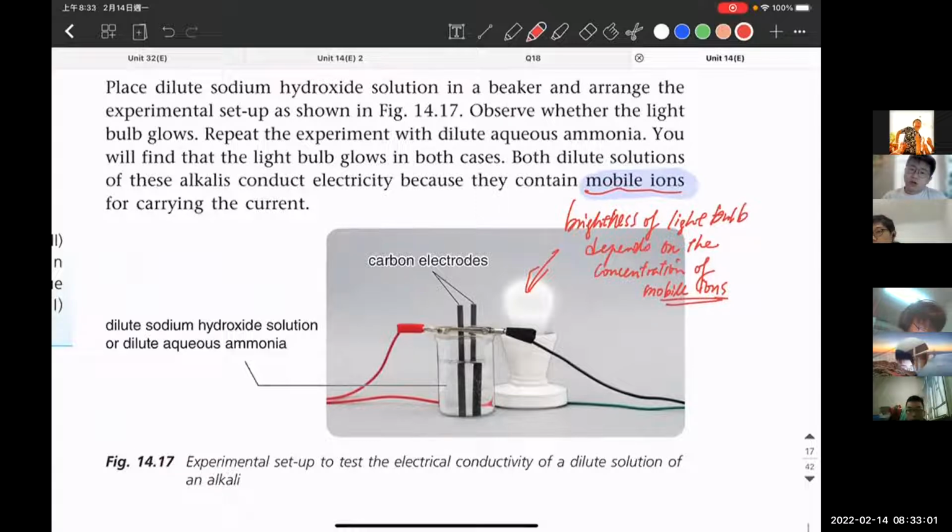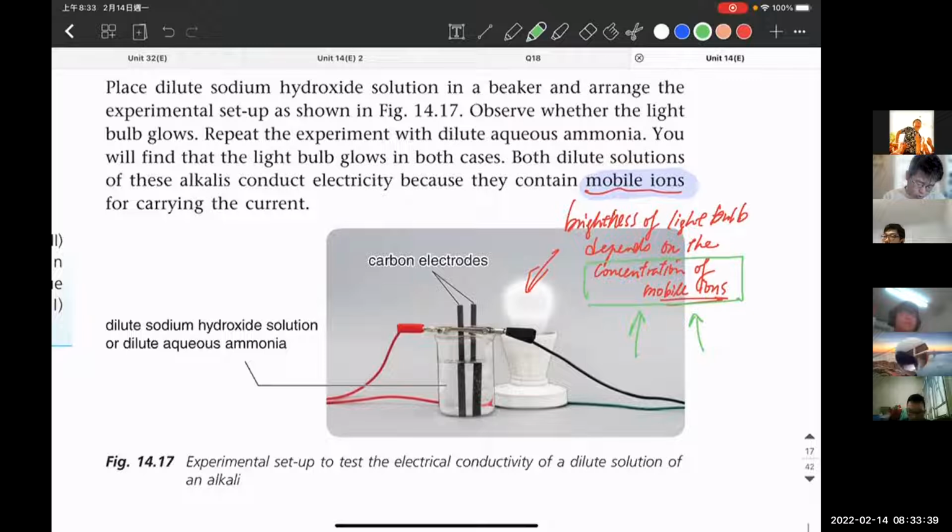So of course, the concentration of mobile ion will be depending on what? Do you know? Chen Yu, could you please give me one factor? What can we do if you have got an alkali to make the light bulb brighter? This is what you can control.